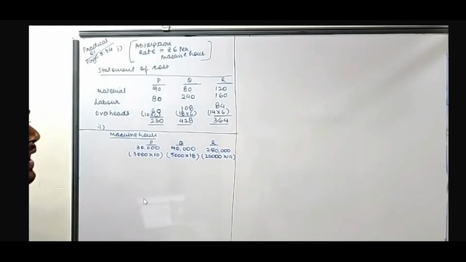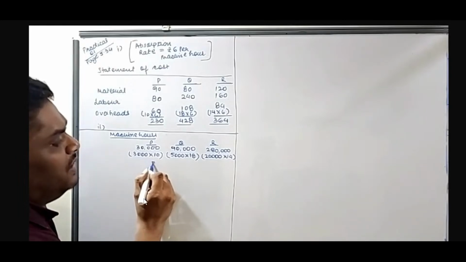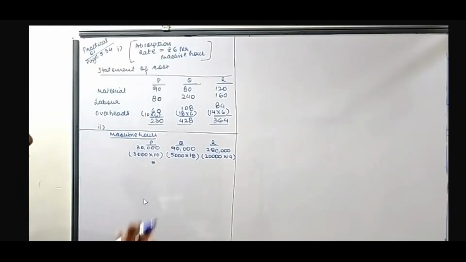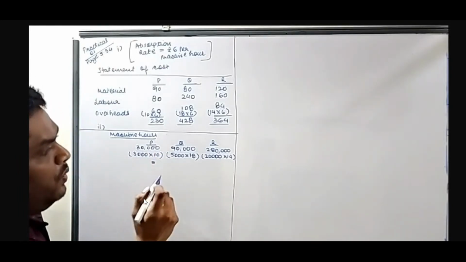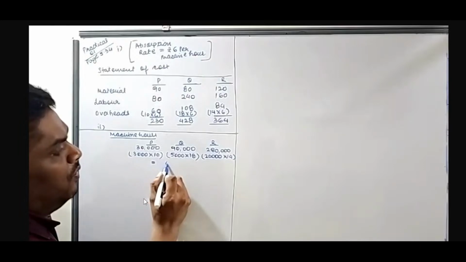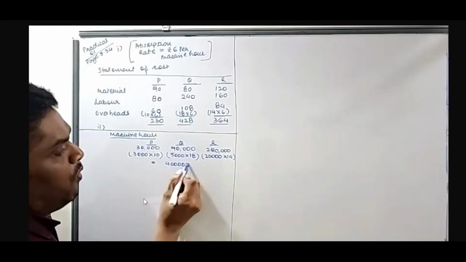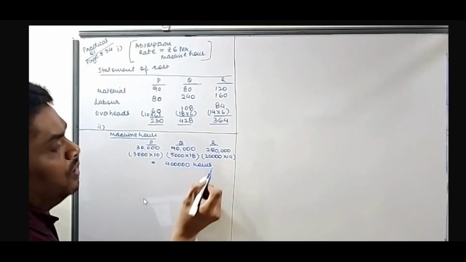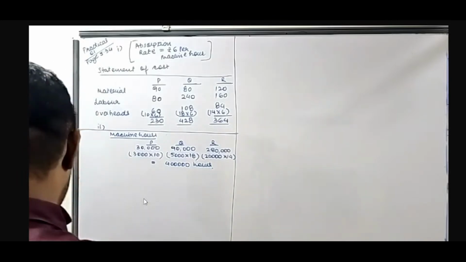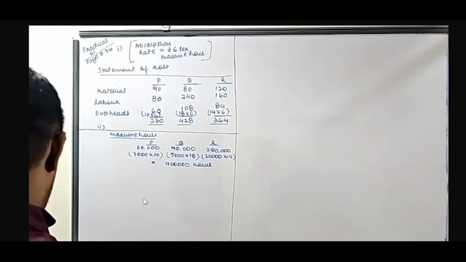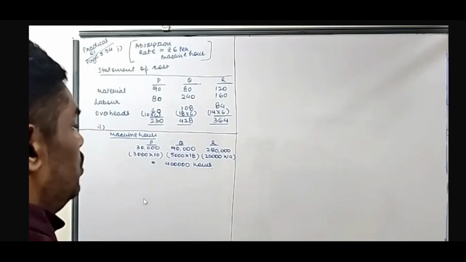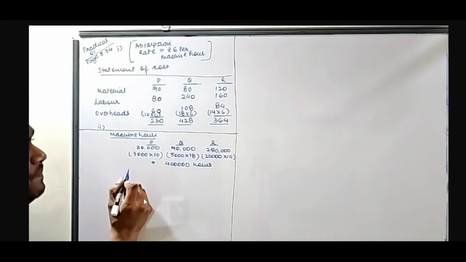So total is 2,80,000. So total machine hours are how much? So total 4 lakh machine hours.